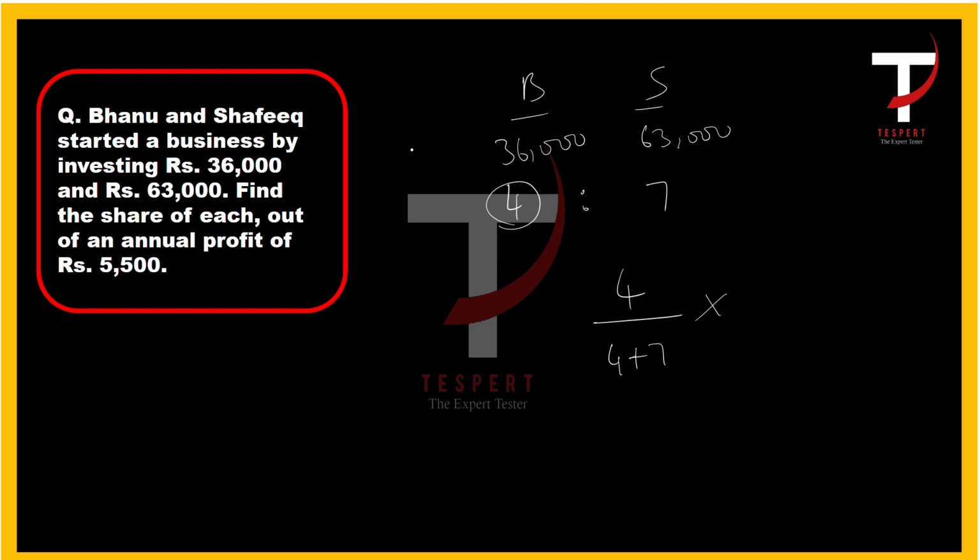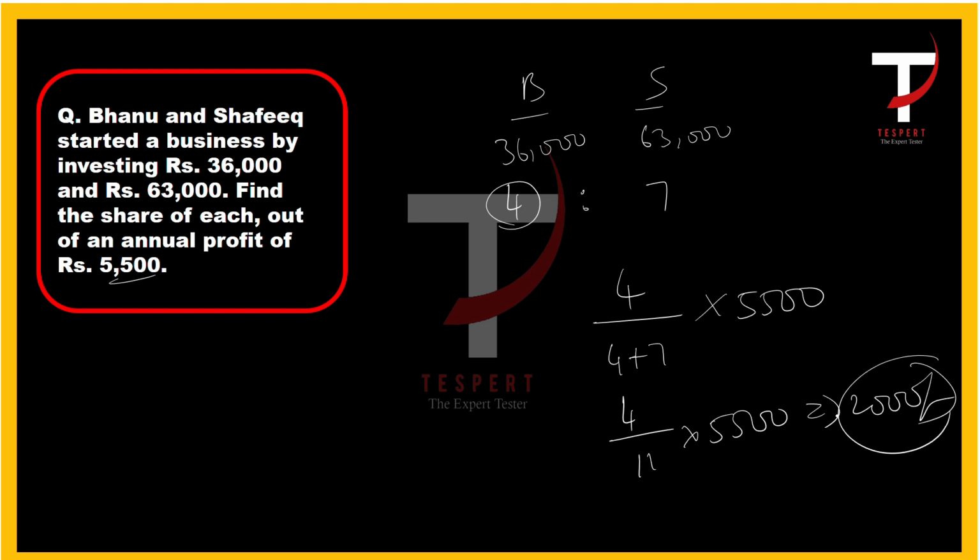So 4 by 11 into 5500, that is equal to 2000. This is the share of Banu. And consider the share of Shafiq. So 7 by total 4 plus 7, which is 11, into 5500, that is equal to 3500.